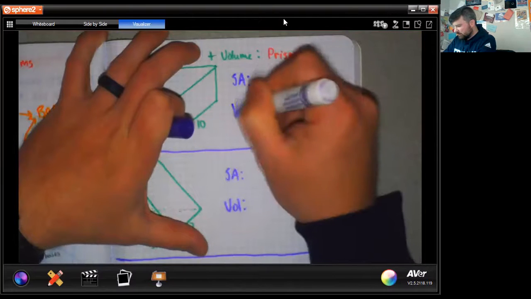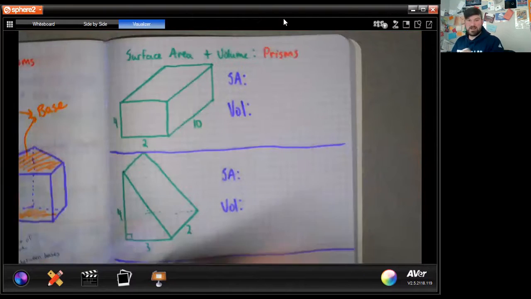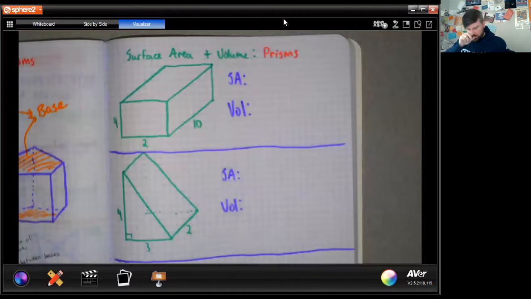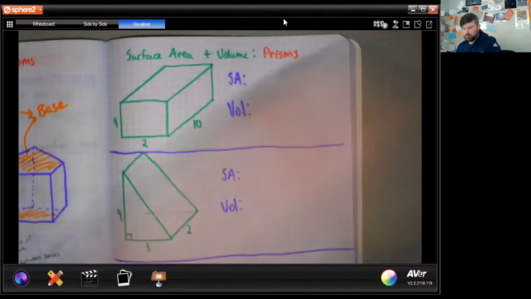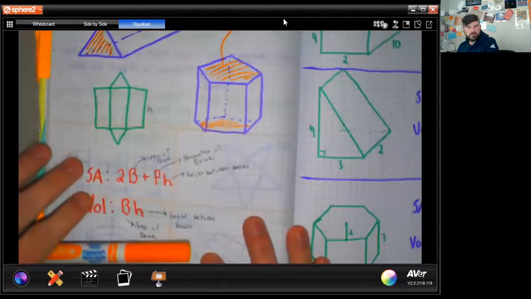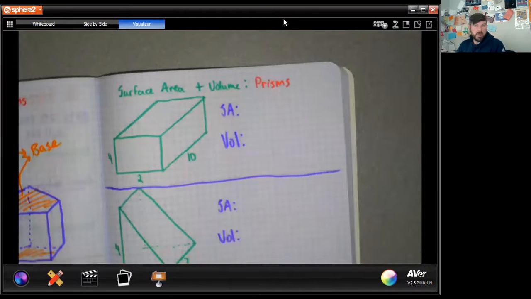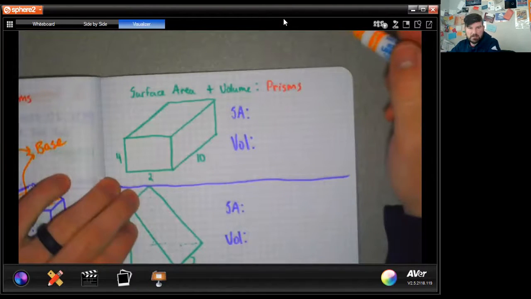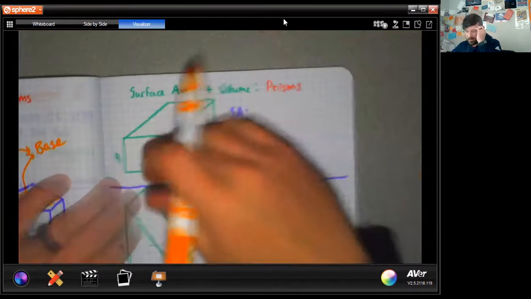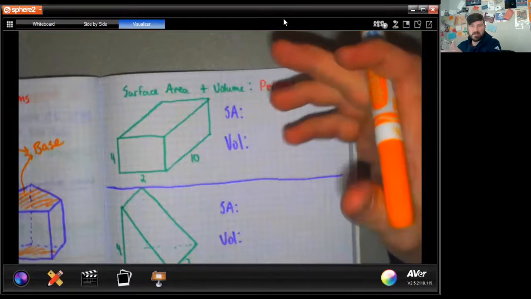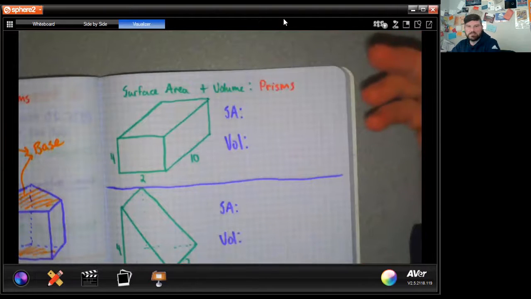Now, I believe some of you will like this because there's not a ton of work to show other than just knowing these formulas and plugging in the numbers that they provide, or maybe I have to find some numbers in order to do this. So the first thing we need to do is figure out where our base is. Now, a rectangular prism, you can really choose anything as the base.